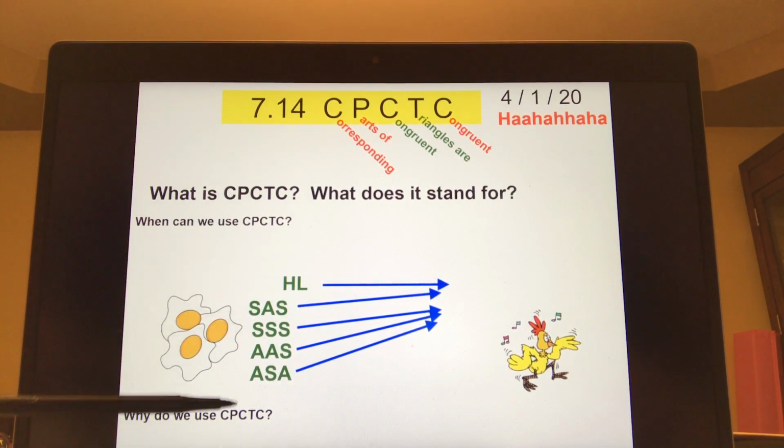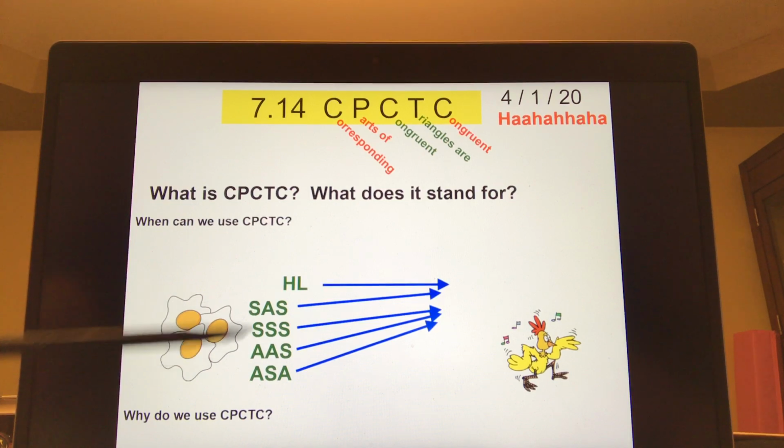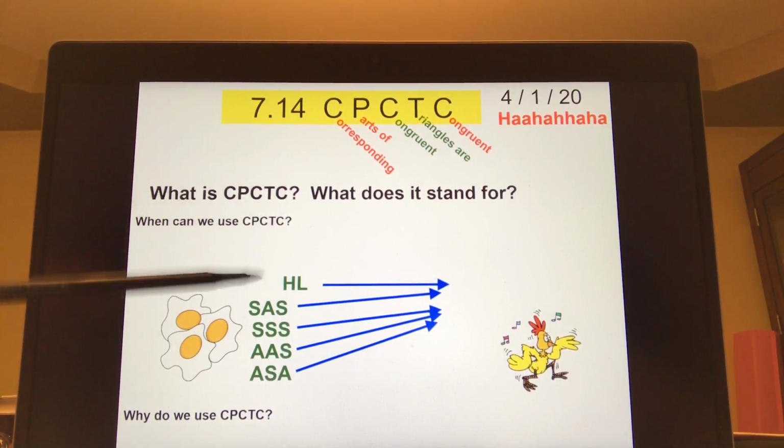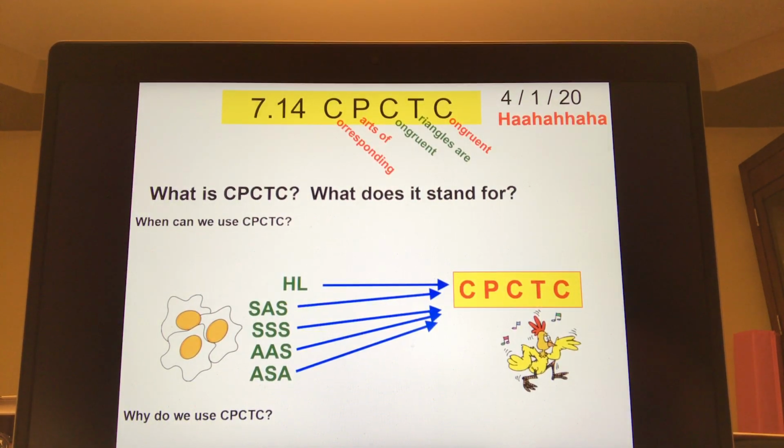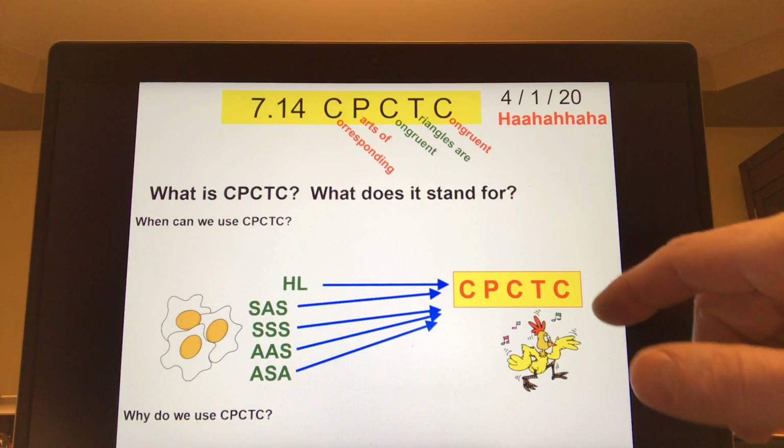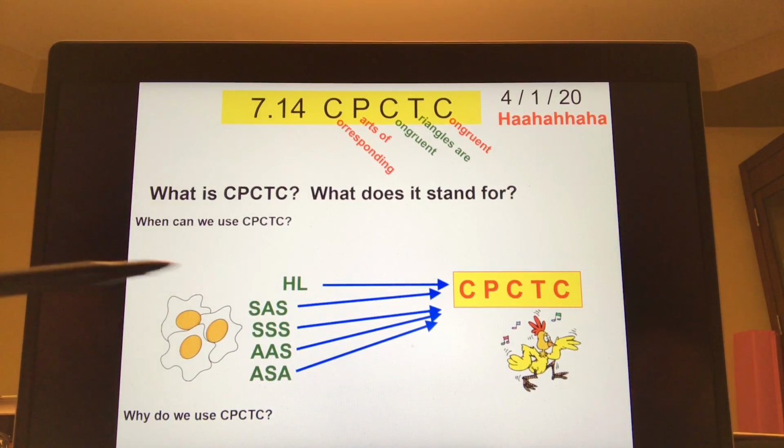So you might use one of these 5 theorems to prove triangles are congruent, and then use these 3 eggs to cook up a congruent pair of triangles, and then you want to say, hey, you know what? The other parts of the triangle are also congruent. The acute angles in this triangle that I proved are congruent to another pair of triangle, those acute angles are also congruent because they're corresponding parts of the congruent triangles.